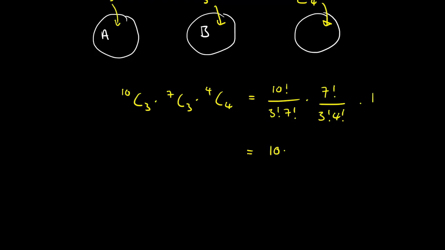On top, we get 10 times 9 times 8, because the 7 times 6 times 5 times 4 times 3 times 2 times 1 cancels off. The 7 factorial cancels off over 3 factorial. This is going to become 7 times 6 times 5, because the 4 factorial cancels off, times 1.